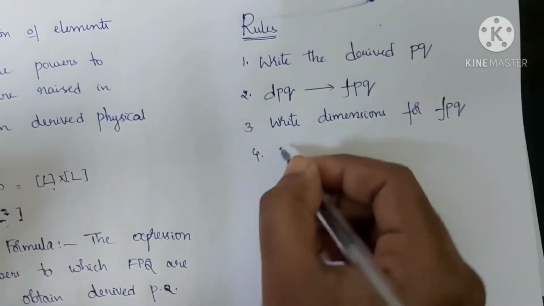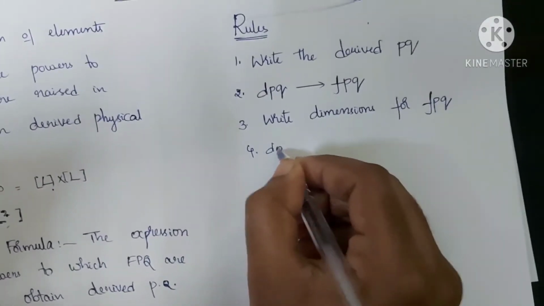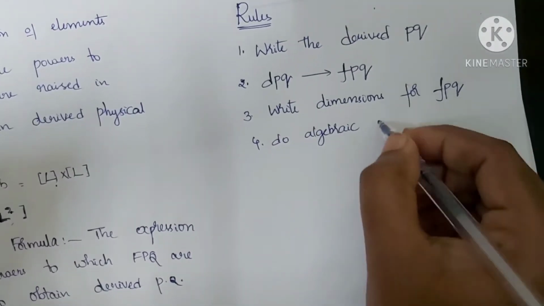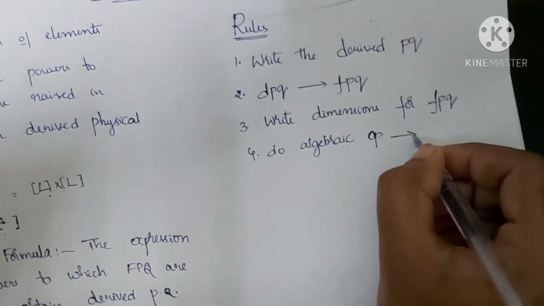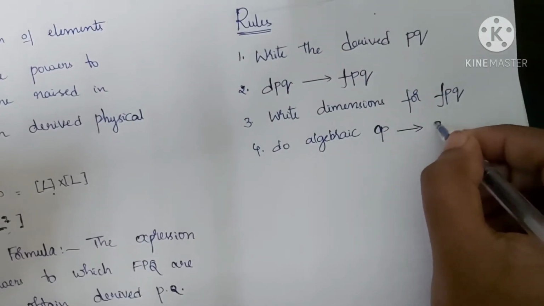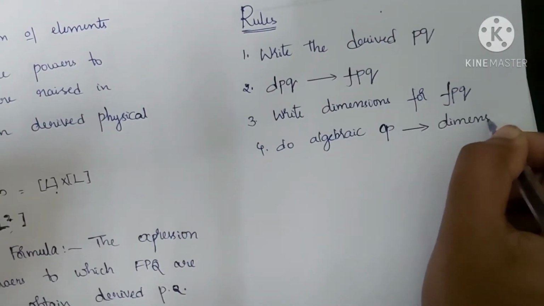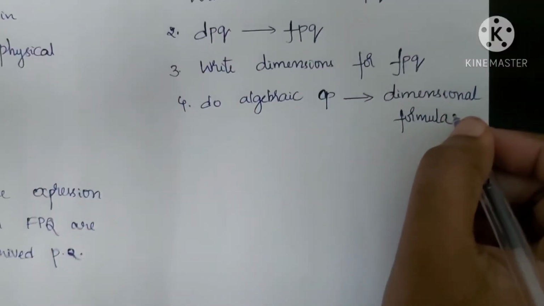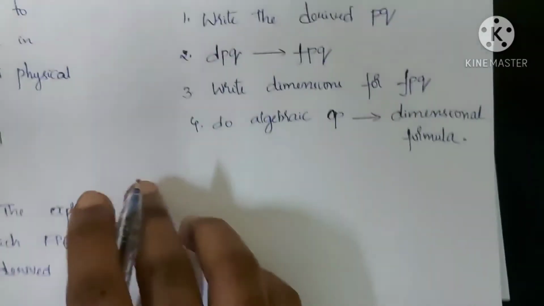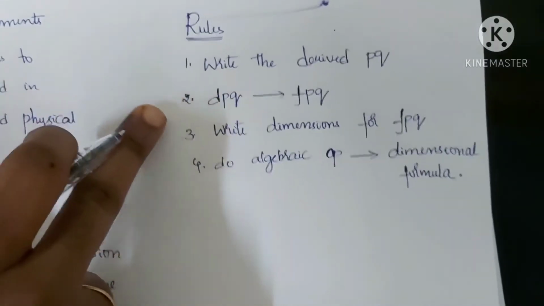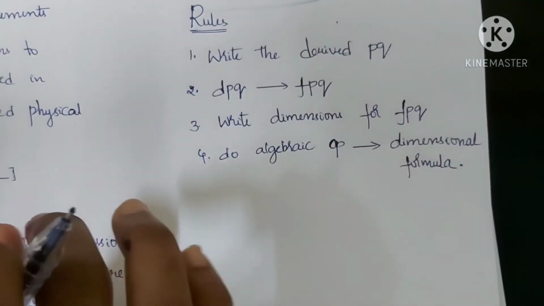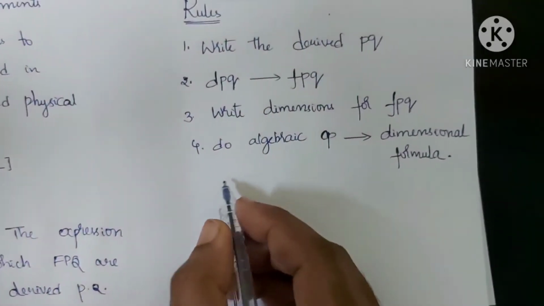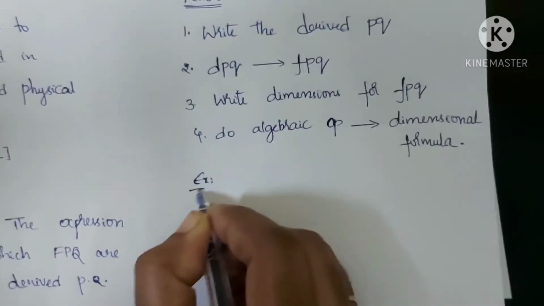And fourth, do algebraic operations on that in order to arrive at the dimensional formula. So these are the 4 points that you have to remember while writing a dimensional formula for a physical quantity. So let's see one example for that.